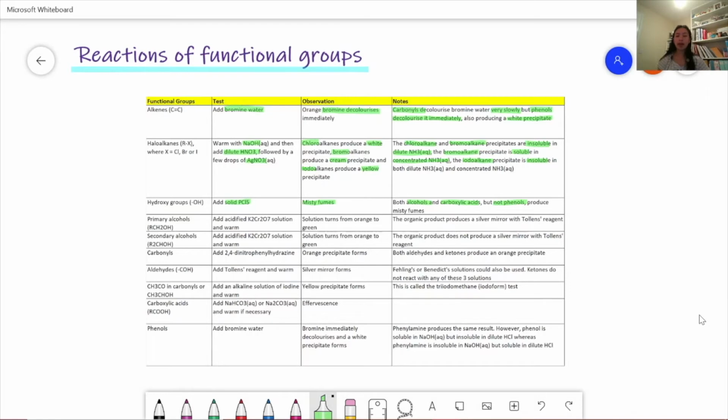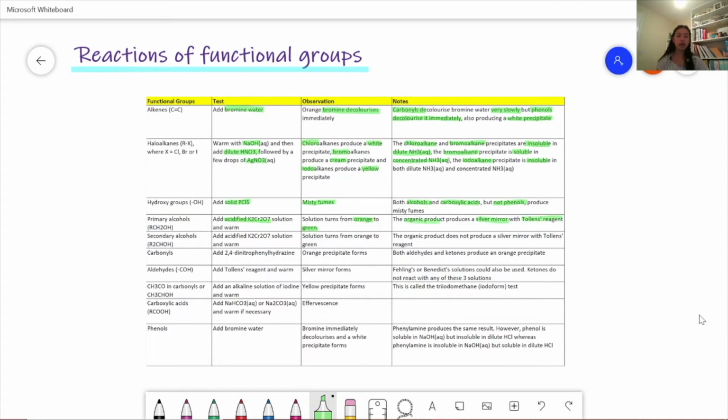And then for primary alcohols, these can be oxidized. So what we do is we add acidified potassium dichromate solution, which is an oxidizing agent, and it turns from orange to green because the dichromate ions are being reduced to Cr3+ ions, which are green. And the organic product will produce a silver mirror with Tollens' reagent.